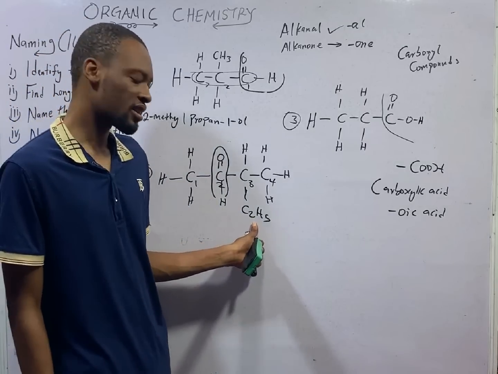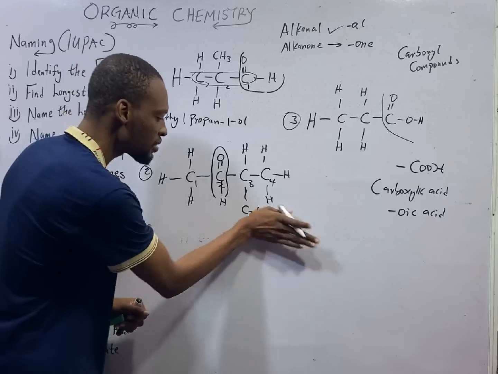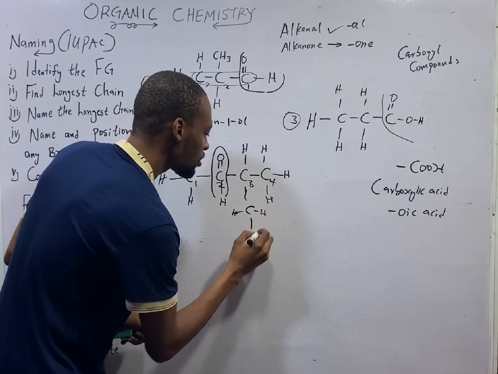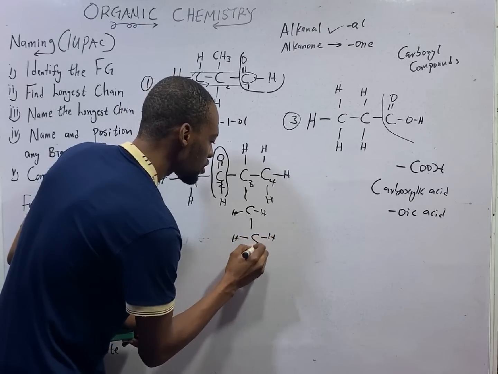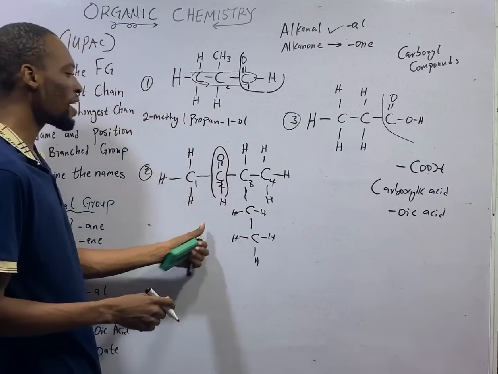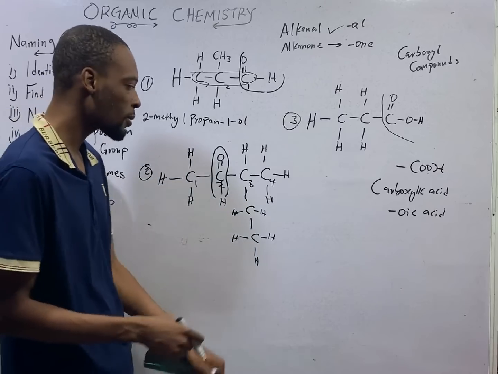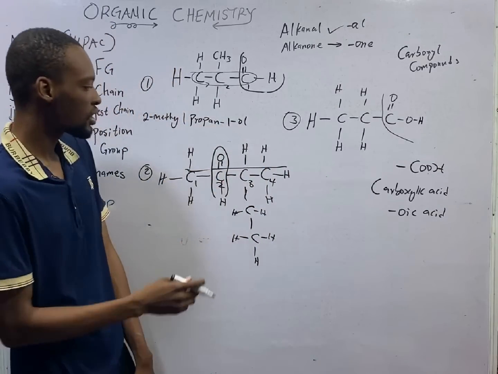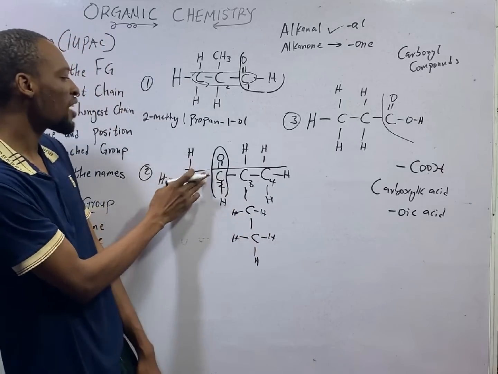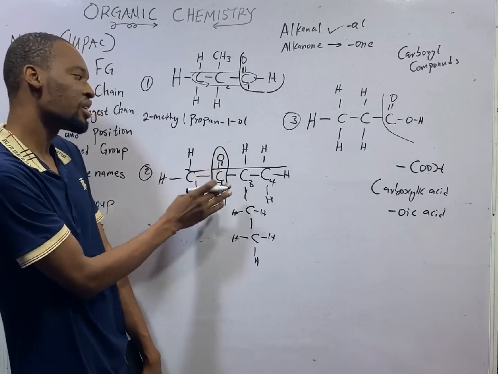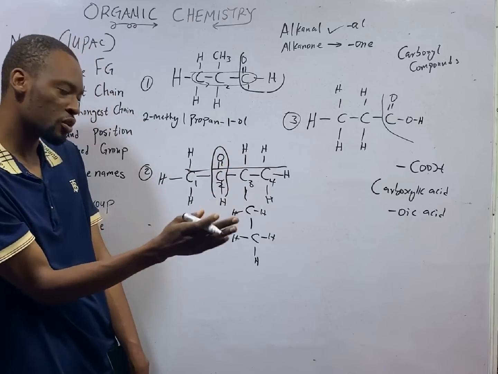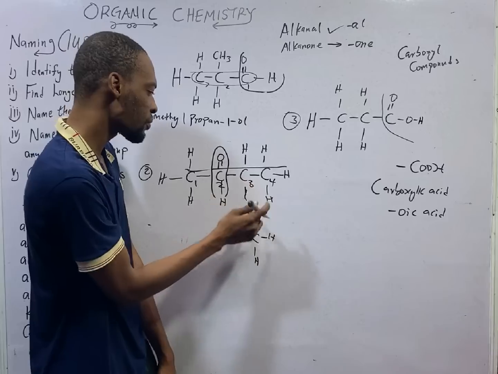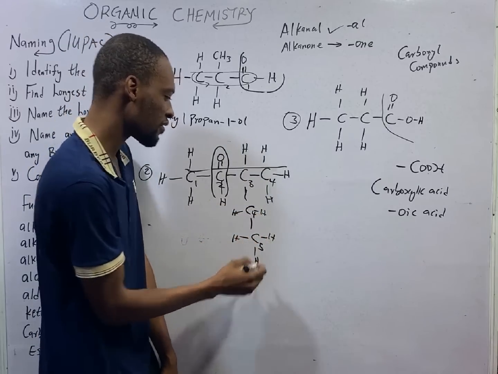You will agree with me that this C2H5 is the same thing as C, H, H, H, H, and H. If you have something like this, ladies and gentlemen, the longest chain will no longer be here. It will be like this. It will start from here, definitely, to give this functional group the smallest number. But it will continue like this. 1, 2, 3, 4, and 5.